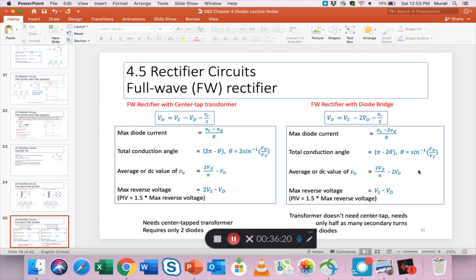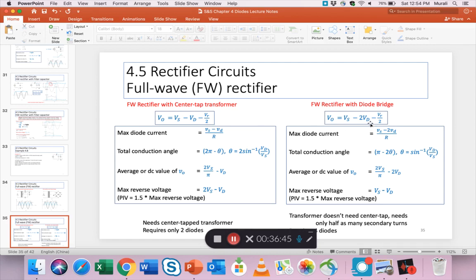For the rectifier with the center tap transformer, top left, the output voltage has this simple form where you start with the input peak, Vs, then you subtract Vd, and then you do Vr by 2. In this case it seems similar to what we did with the half-wave rectifier.